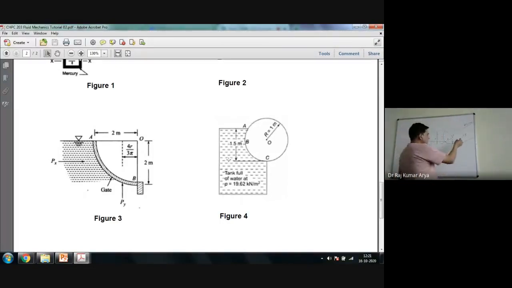Pressure at the centroid you can calculate from here. The centroid is at h by 2, so multiply by rho, multiply by g. This is the pressure at the centroid. You already have pressure inside the tank, so just add that also.